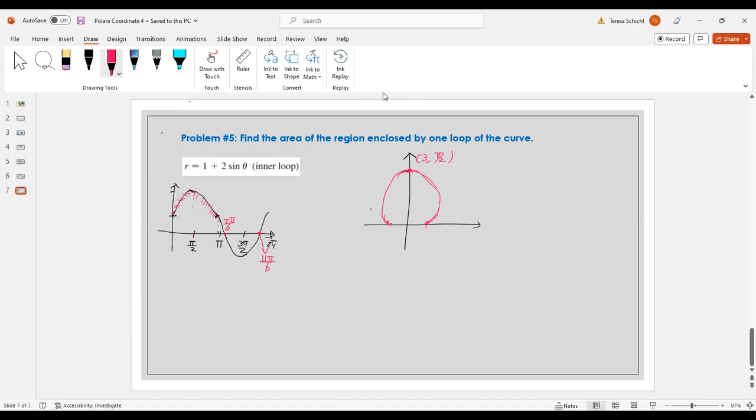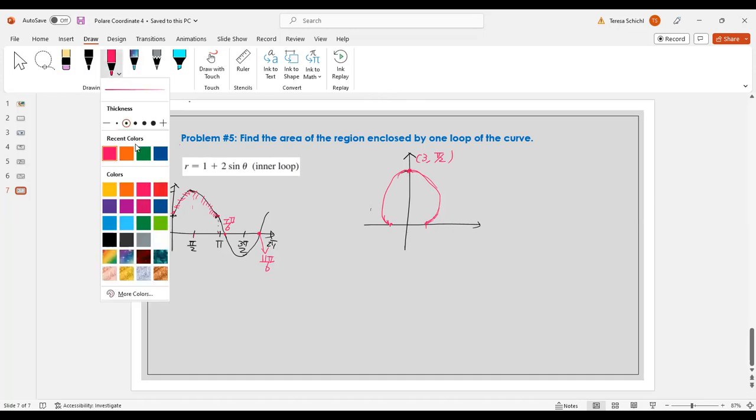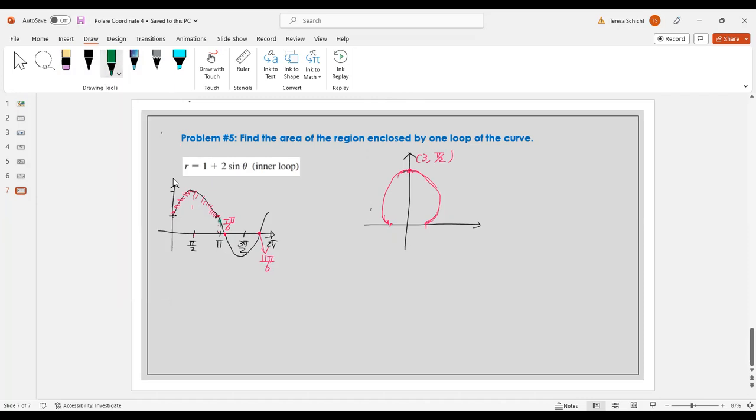So from π to 7π/6, this little line is still positive, right? That's why this little line generates from here all the way to 0.